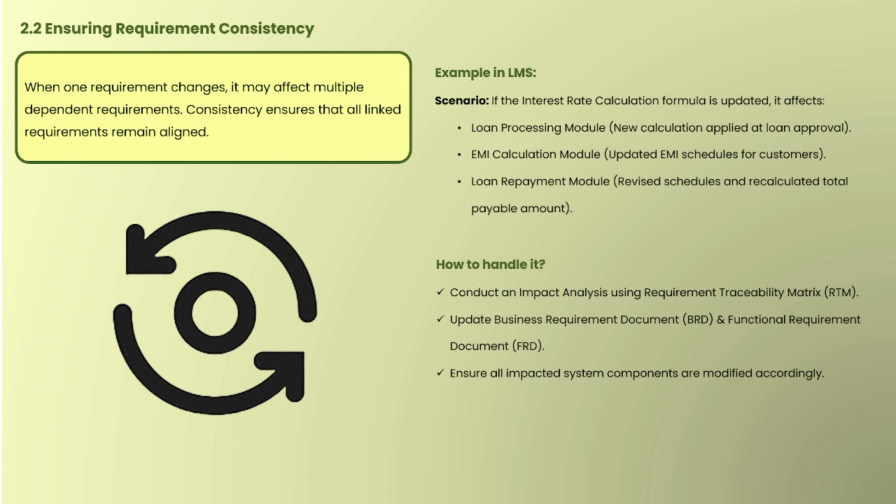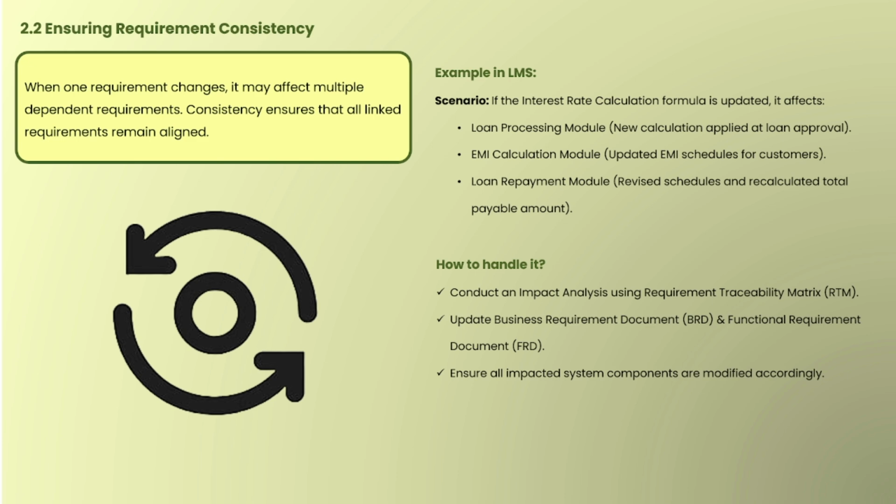So we come to know that the interest rate calculation formula is changing. The other dependent things, the loan processing module, EMI calculation and loan repayment, will also change. So we need to update these features as well. This is how we maintain consistency.